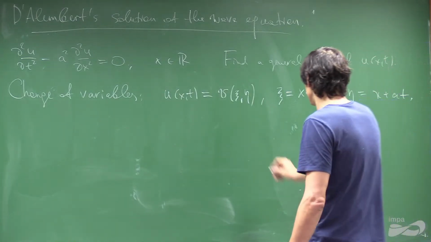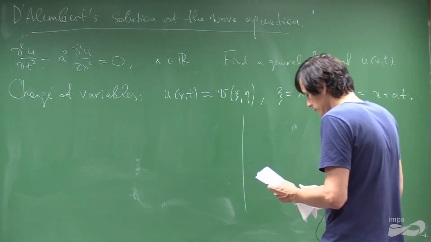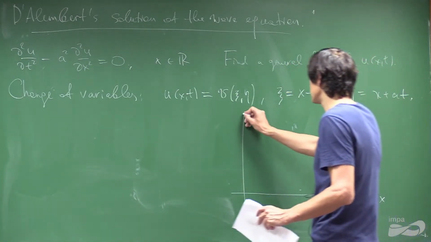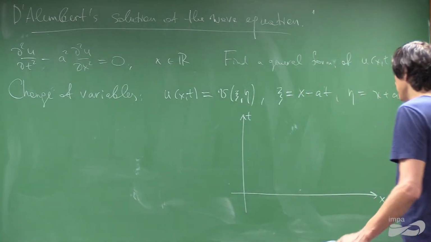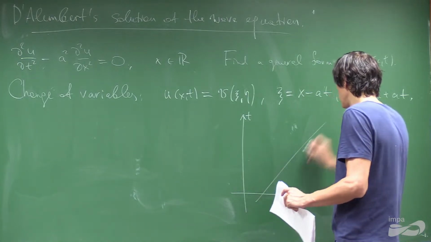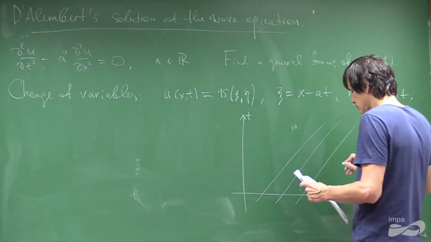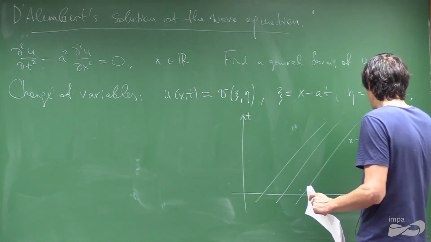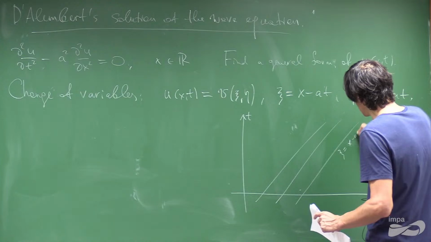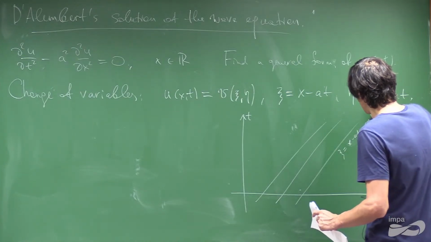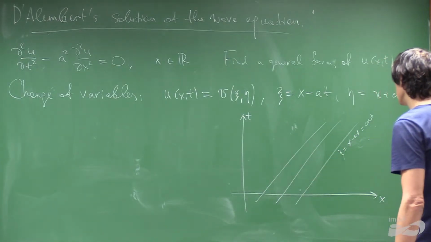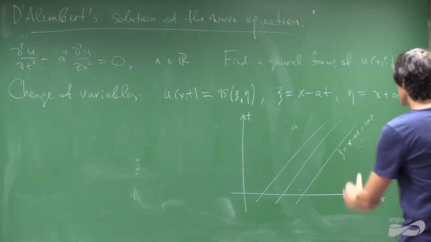What does it mean? Whenever you have the x-t space-time plane, then xi will be constant along these lines: xi equals x minus at equals constant. So xi measures the direction transversal to these lines.